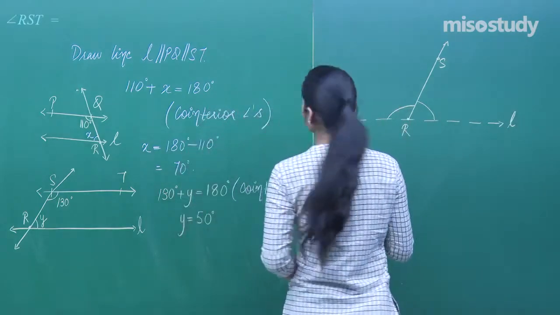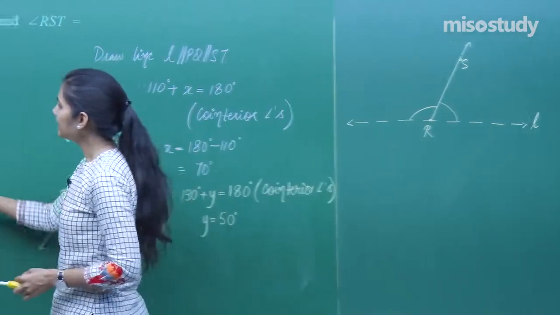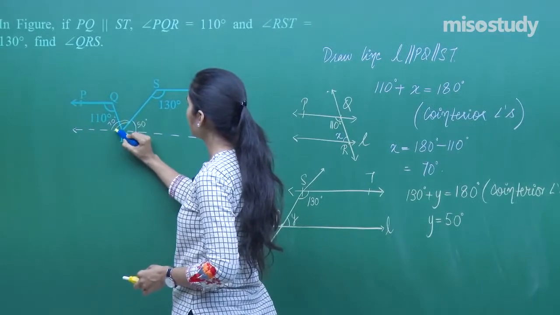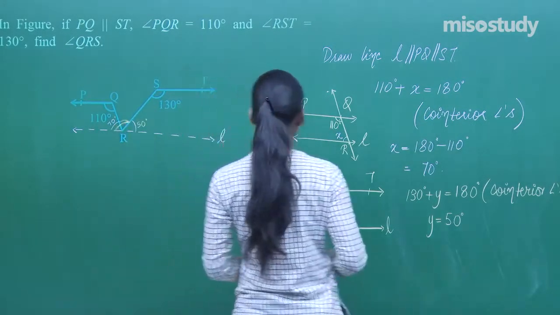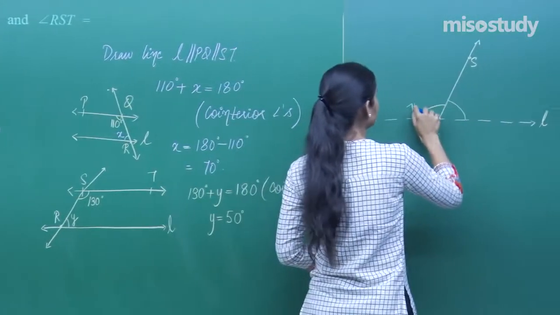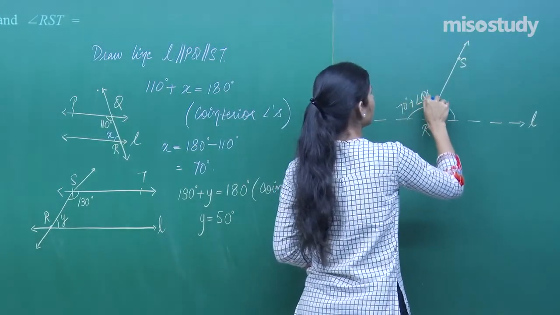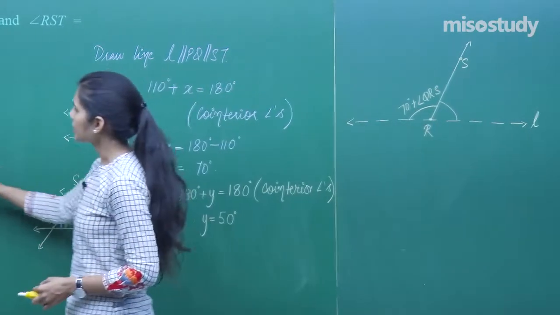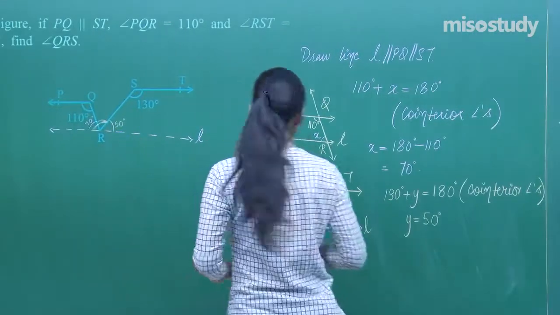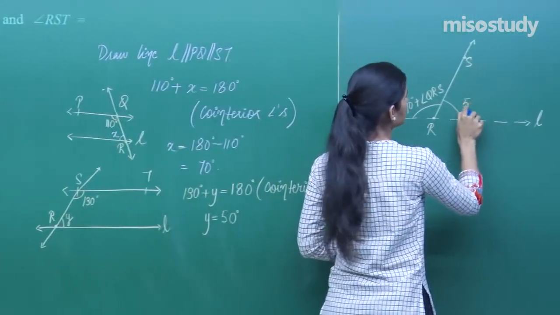This complete angle is 70 plus angle QRS, and this other angle is just 50 degrees.